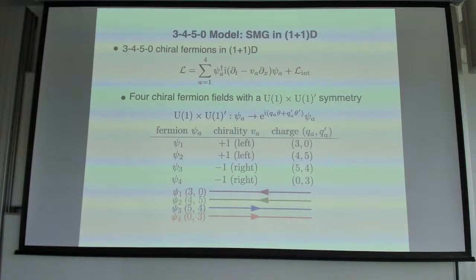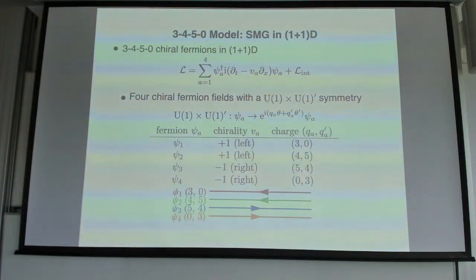Its Lagrangian looks like this. Of course, this is only the free fermion part, and there's also interaction that I'm going to specify later. You can see I drew some pictures: you have 2 left moving modes and 2 right moving modes in these 1 plus 1D systems. And for the 2 left moving modes, this V, the velocity, basically determines the chirality.